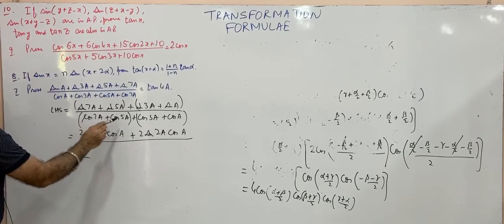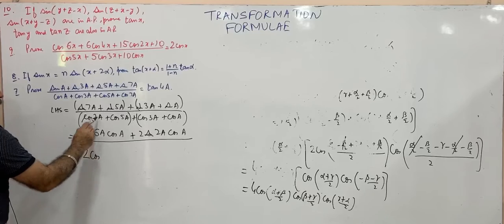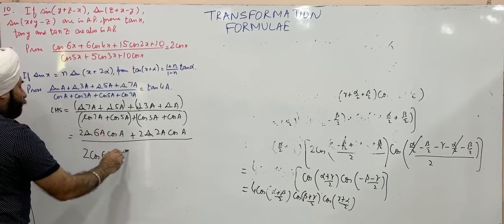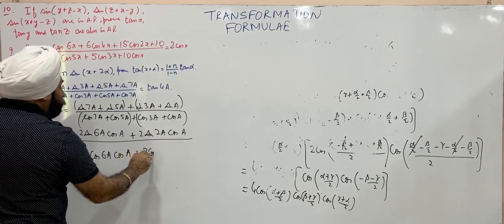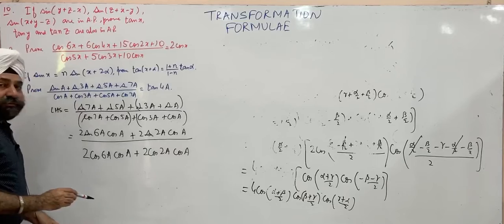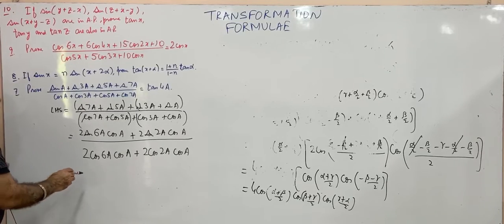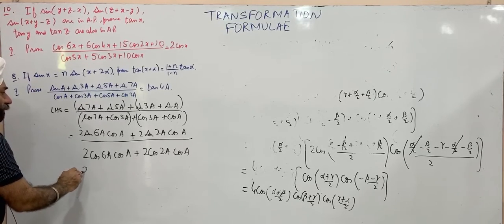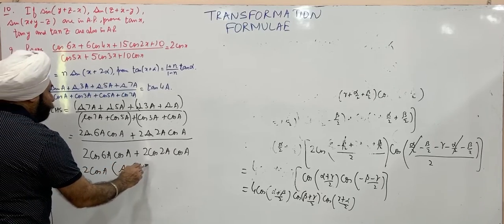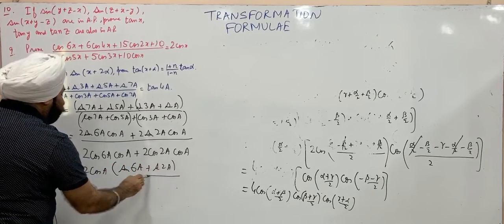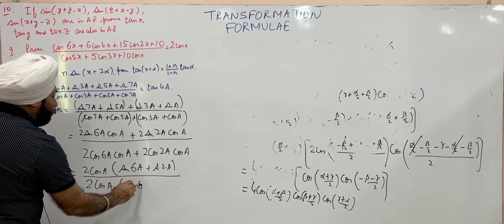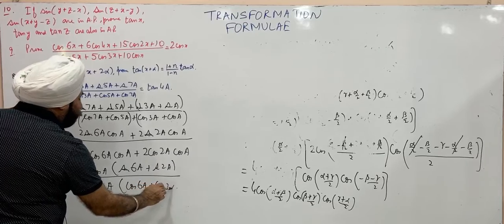This is cos C plus cos D, 2 cos (C plus D)/2 into cos of difference of angles upon 2. 2 cos sum of angles upon 2 into cos of difference of angles upon 2. And taking 2 cos 4a common, it's sin 6a plus sin 2a over cos 6a plus cos 2a.